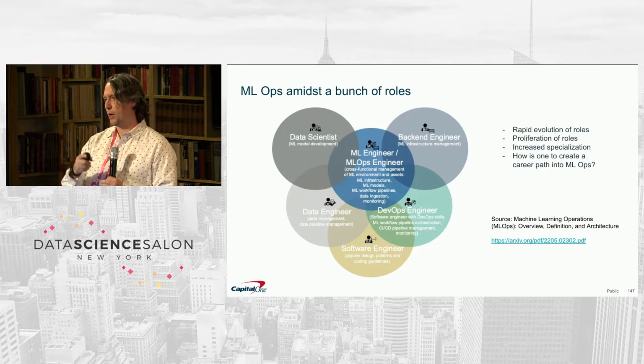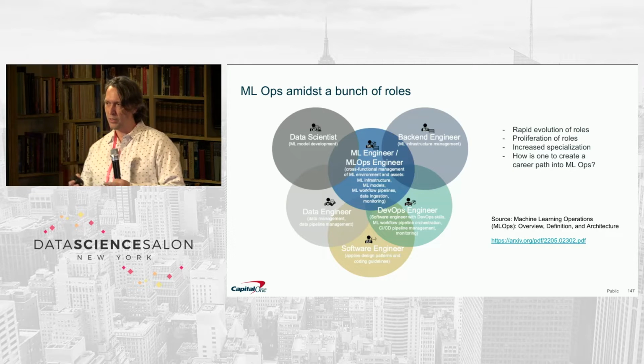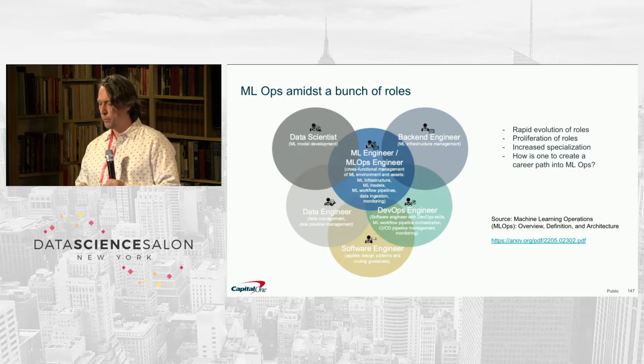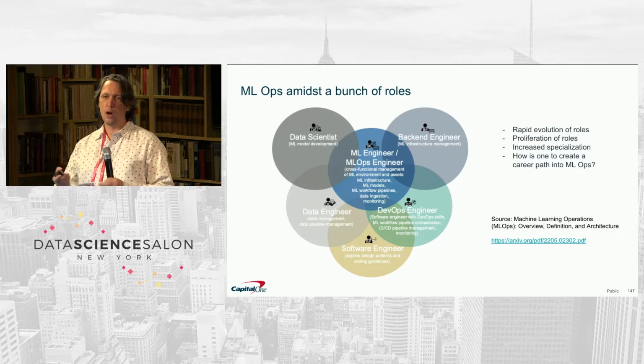This Venn diagram has really evolved over the last couple of years and has grown to become more and more complex and more challenging with all these different areas of overlap. And it's become a proliferation of specializations and niche roles that you can play. So how is one to create a career path in all of this is as challenging as creating the capabilities itself.